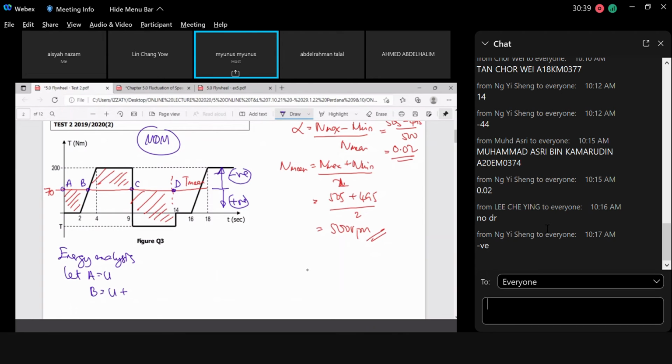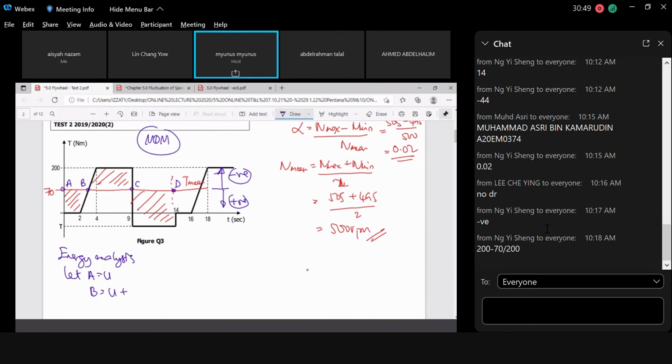So how are you going to do the interpolation now? Anyone? This one needs interpolation. Put it there as x. So x divided by 2 is equal to 200 minus 70 divided by 200.